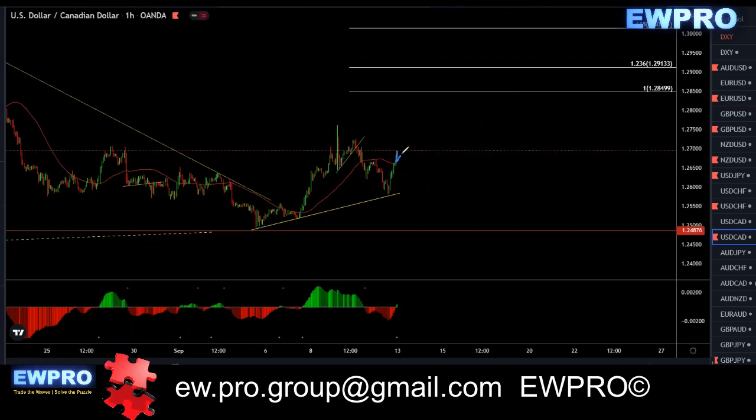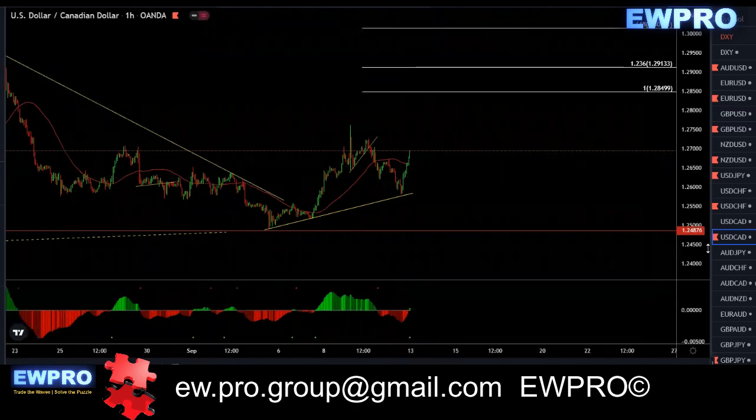But at this stage, if you get any bullish setup in here, any bullish flag, look for that buy. That's your first target, and your 161.8 is your second target. Really, you can only look for buys like I showed on the H4. We got that high. So if you do get any buy setups on it, look for that buy.